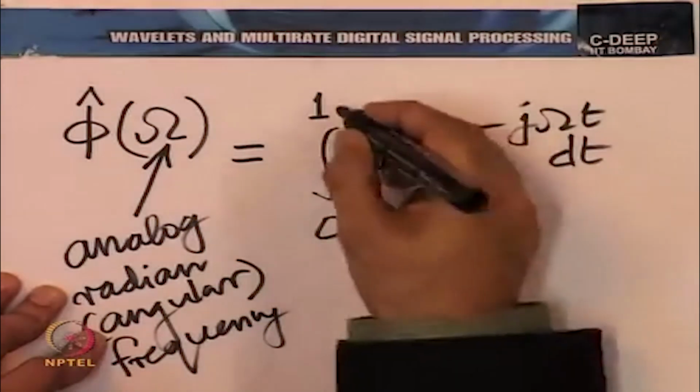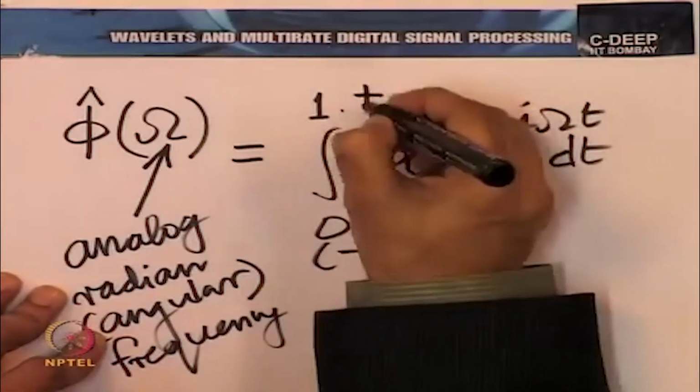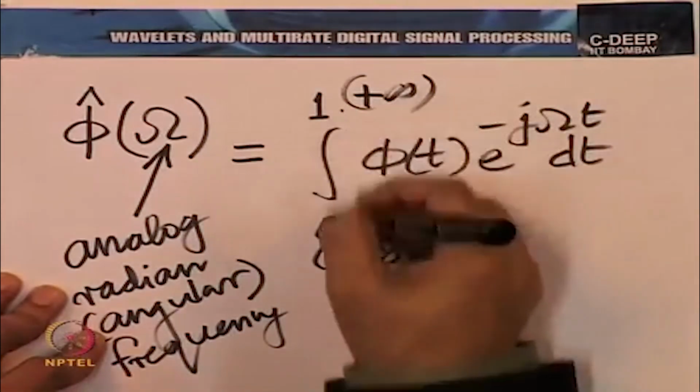Well, I am saying 0 to 1, actually I should write minus infinity to plus infinity, but the non-zero part is only between 0 and 1.